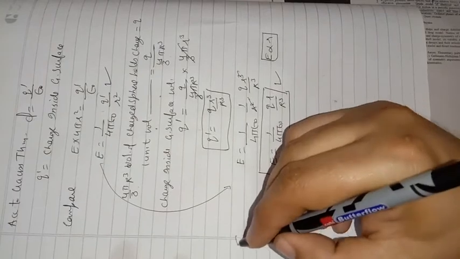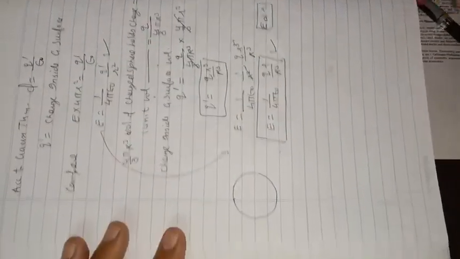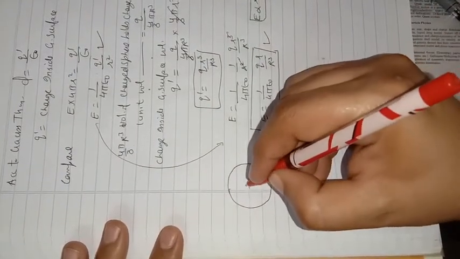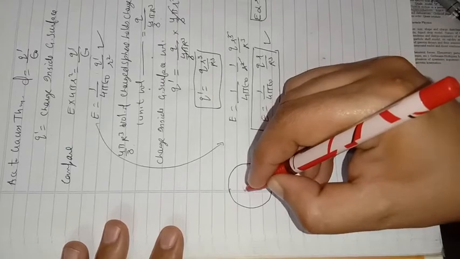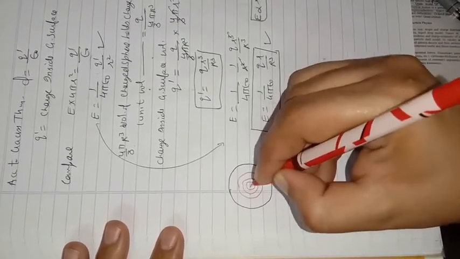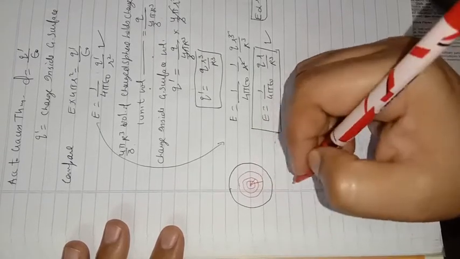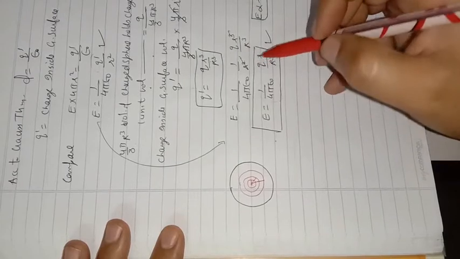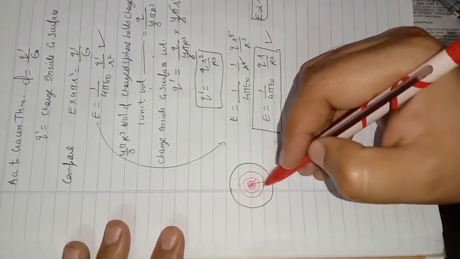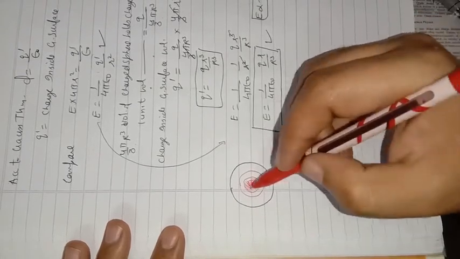So if this is the sphere of radius capital R and this is a central point, as you increase the volume of the Gaussian surface, that means as you increase the radius of the Gaussian surface, it includes more and more amount of the charge q dash. For small r, charge is smaller; you increase the volume of the Gaussian surface, charge increases.